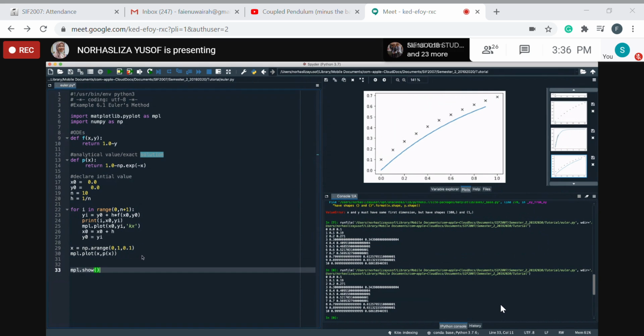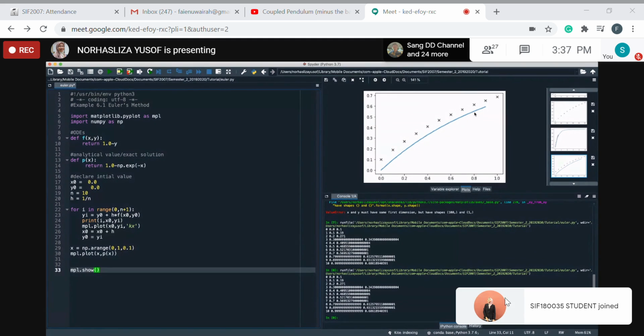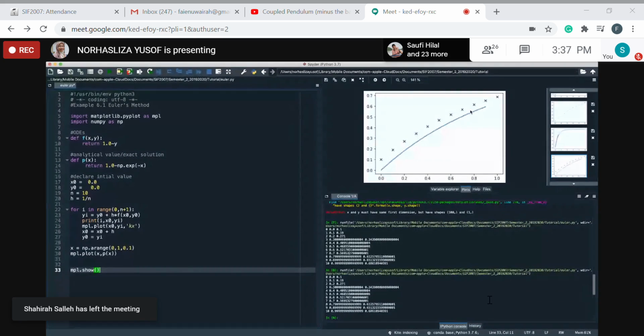All right, so you can see there is some difference in these values. This is where the error comes from. It doesn't really cross all the points, but has some divergence. This is accumulated by the error of the Euler method, so it's just an approximation, right?